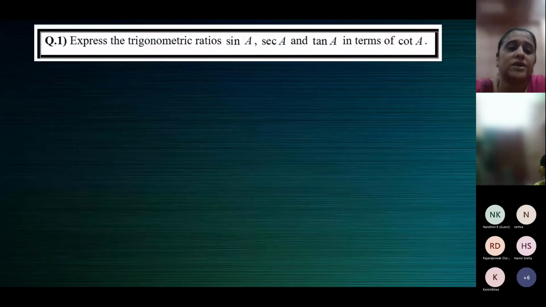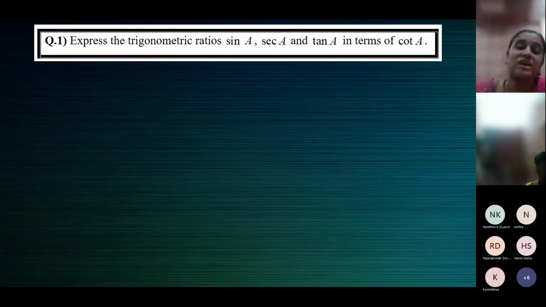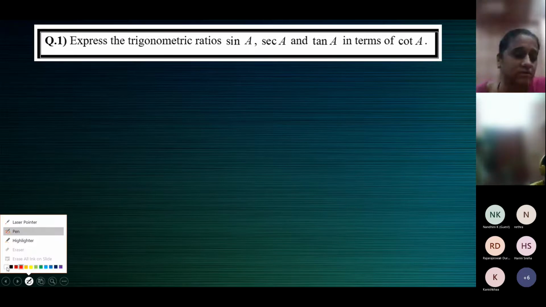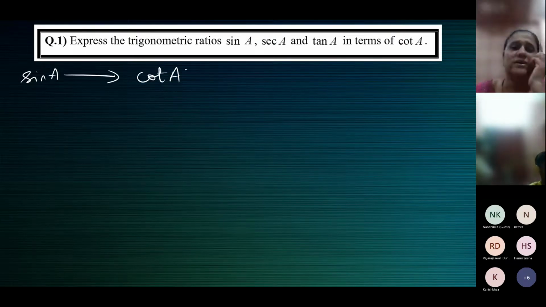Express the trigonometric ratios sin A, secant A, tan A in terms of cot A. So you must write sin A in terms of cot A. Now, how do we connect sin and cot?